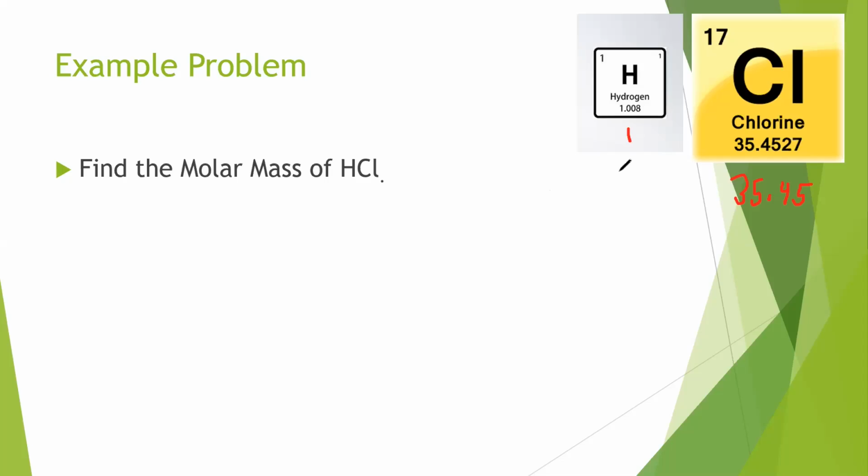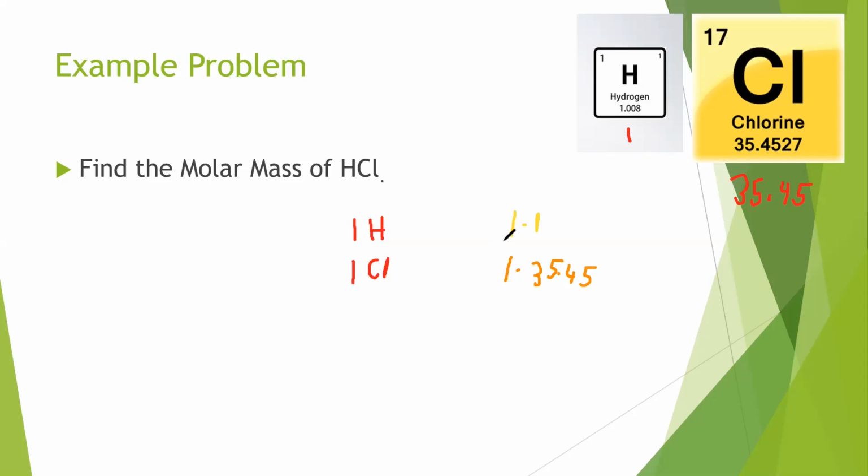So good job. Everyone who submitted the answer got it correct. So the first thing we need to see is how many of each type of element there are. There's 1 hydrogen atom, and then there's 1 chlorine atom. So hydrogen atom has a mass of 1, so it's 1 times 1. And chlorine atom has a mass of 35.45.